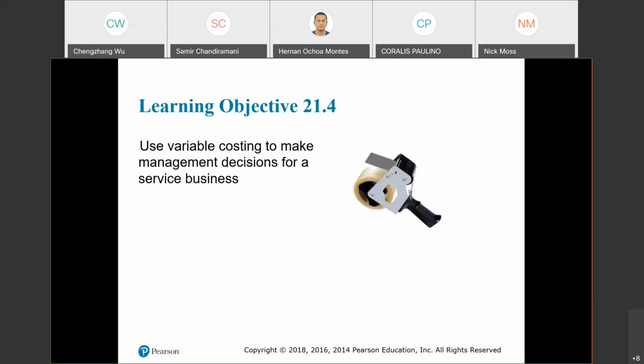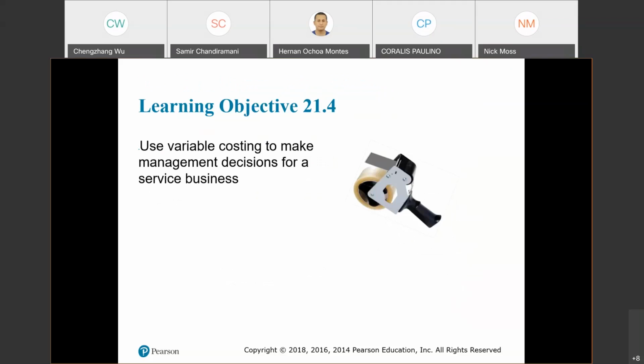Well, the previous discussion was how variable costing is used to make management decisions for a manufacturing business. So let's see how it is used to help managers make business decisions in a service company.